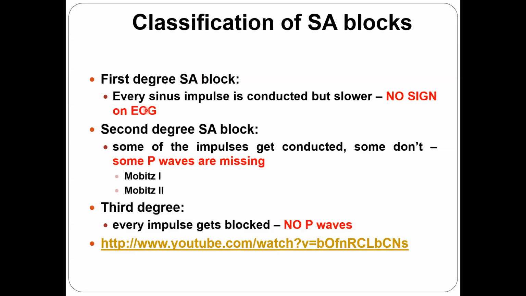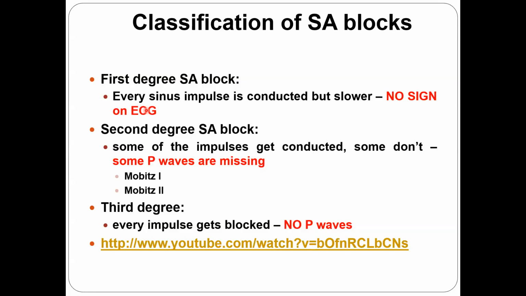That's very similar to when we had an impulse formation abnormality. It's called the sinus arrest, when there is no impulse made by the SA node. The difference between sinus arrest and first degree or third degree SA block, that meaning that in this situation, we do have a nodal impulse formation.